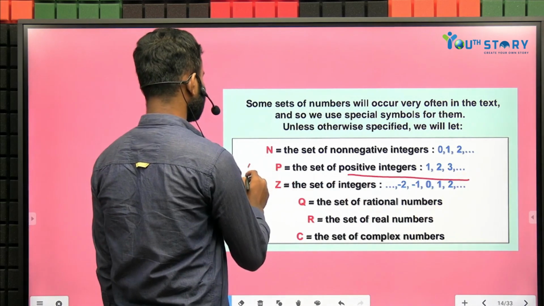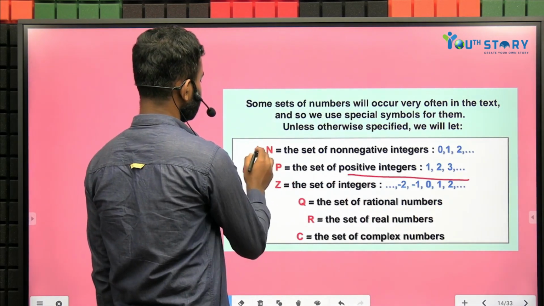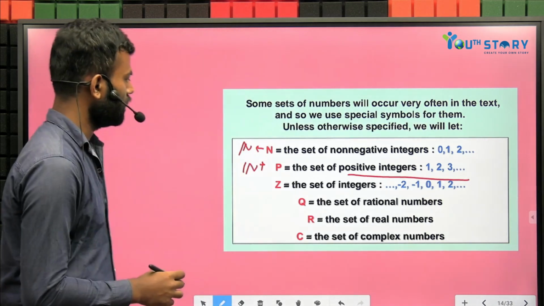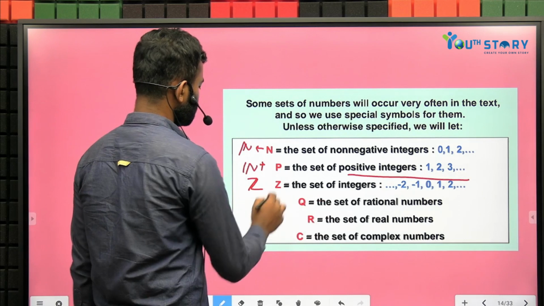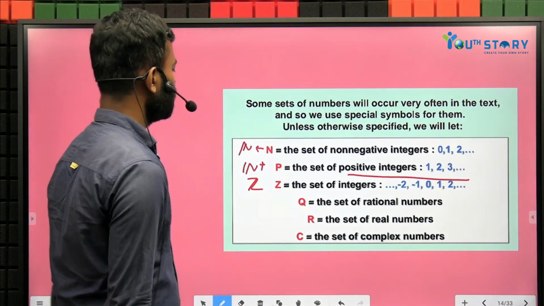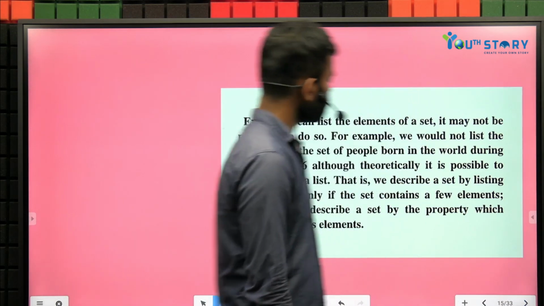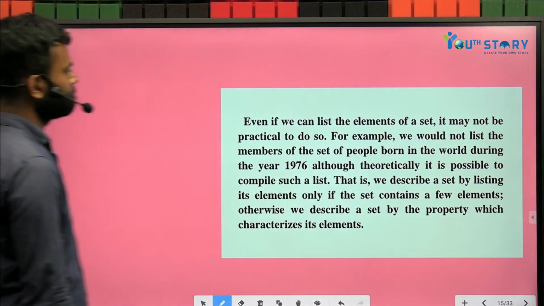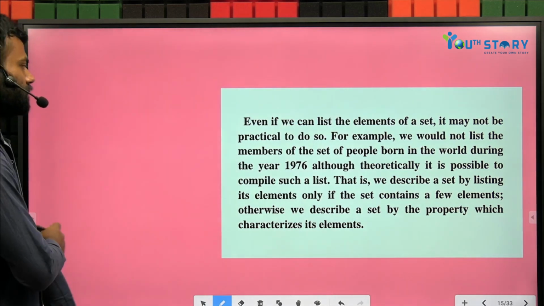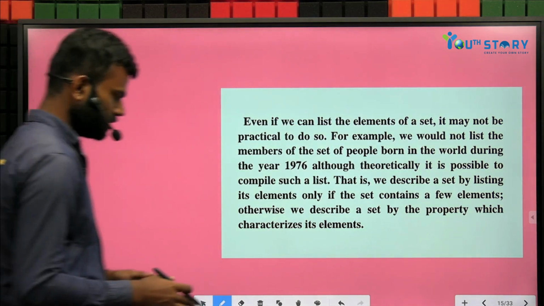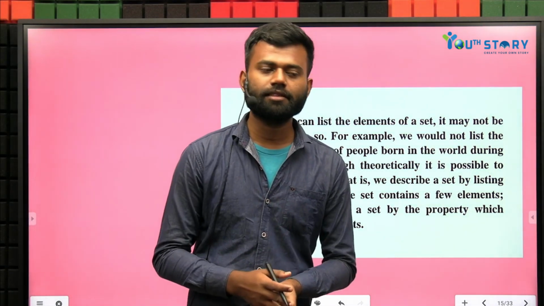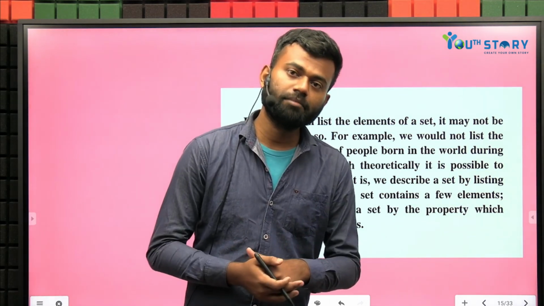Sometimes the standard notation is used with a plus in the set symbol: set of integers Z, set of rational numbers Q, set of real numbers R, and set of complex numbers C. Sometimes we are unable to express the set with its elements, or if we consider an infinite set, then it is impossible to write down all the elements of this set.